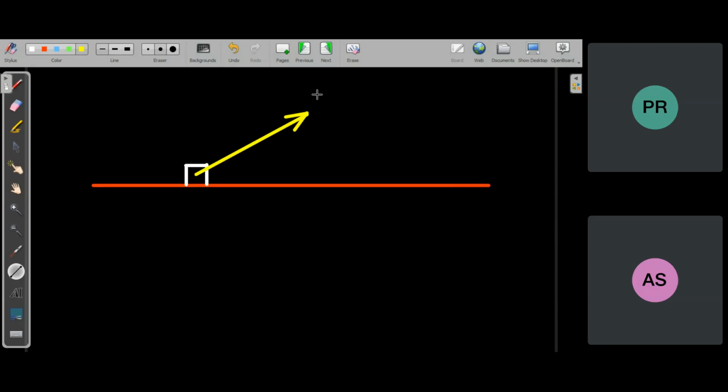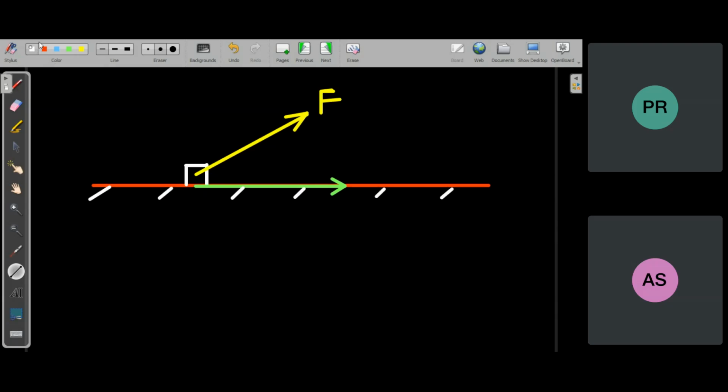So here, let's say some force F is acting on this body. Force is a vector in a particular direction, and the body is getting displaced in a particular direction. Because the block is placed on a surface, the block is sliding on the surface with the help of this force acting on it.